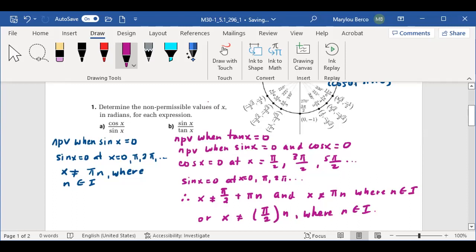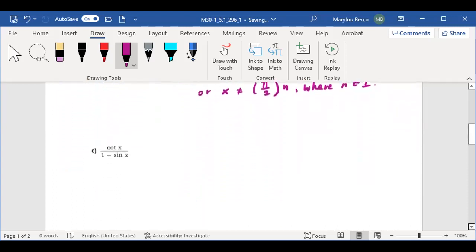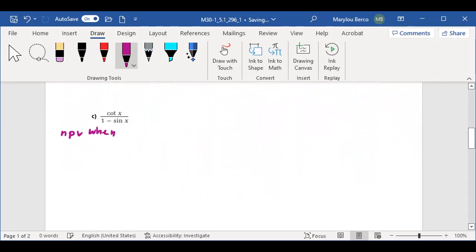Okay, let's take a look at C. For cotangent x over 1 minus sine x, the non-permissible values occur for the denominator when 1 minus sine x is equal to 0.